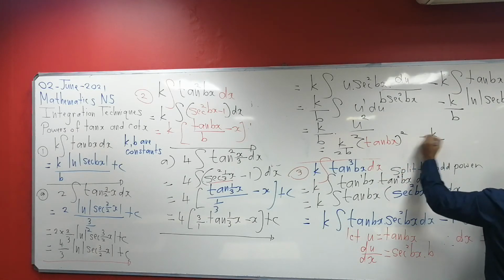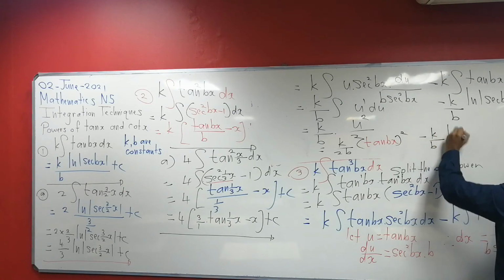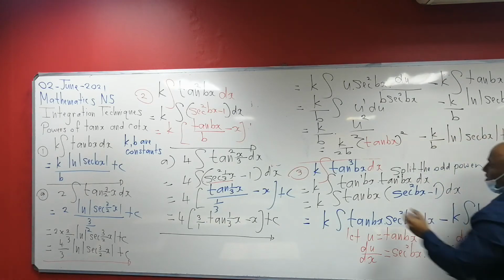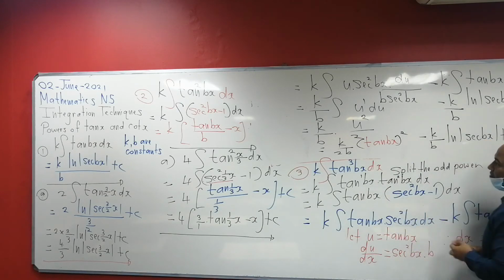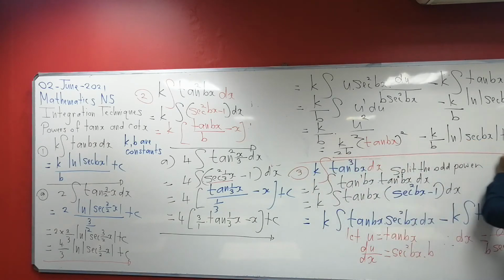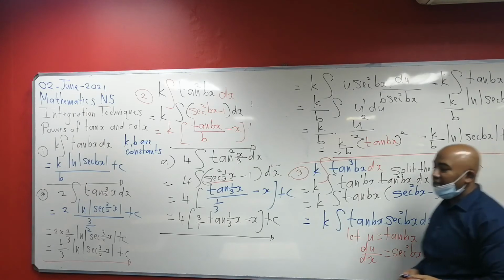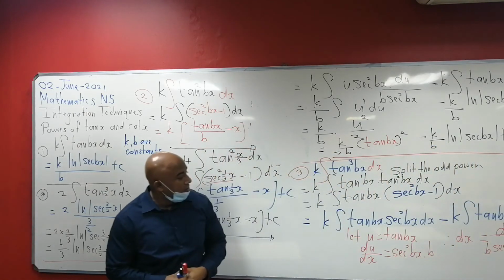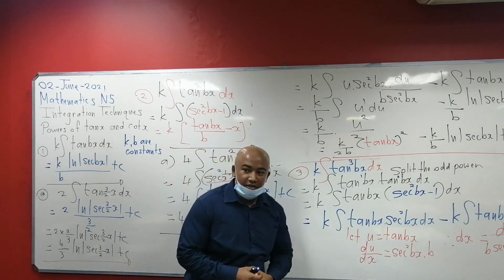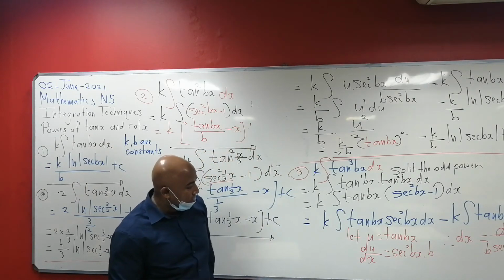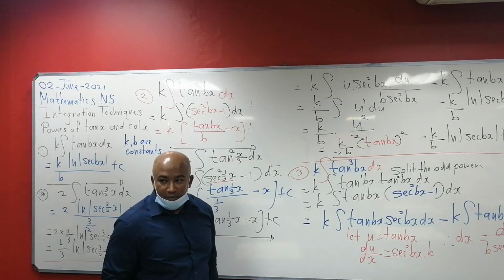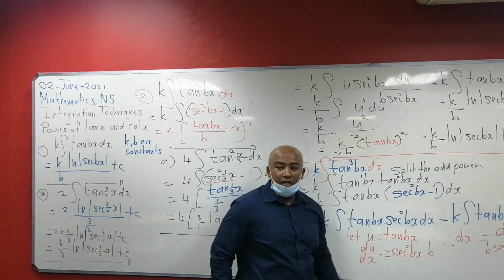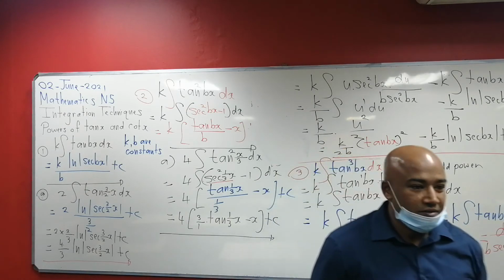So that's minus k over b ln sec bx plus c. So that is the first technique dealing with tan to the power 3. So you can copy this down. We're going to redo this now. I'm going to redo this example now without removing the brackets.